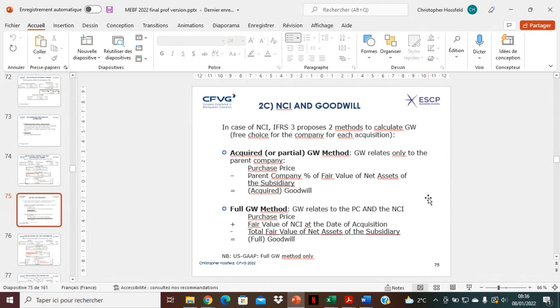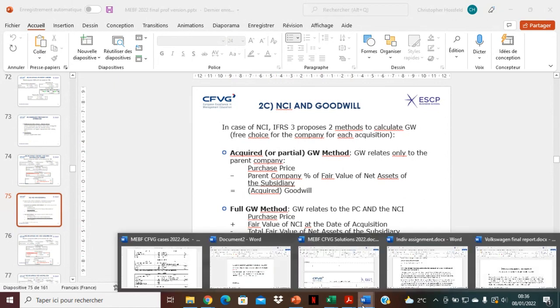We can also have 60% or anything below 100%. So then we need to do the purchase price allocation, so that doesn't change. But then there are two methods to calculate the goodwill: the acquired goodwill method on the one hand, or the full goodwill method, either way.